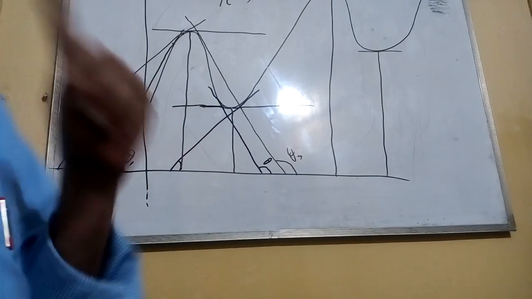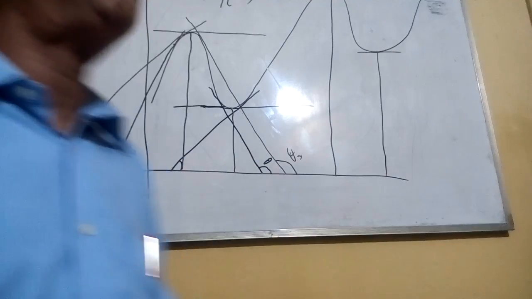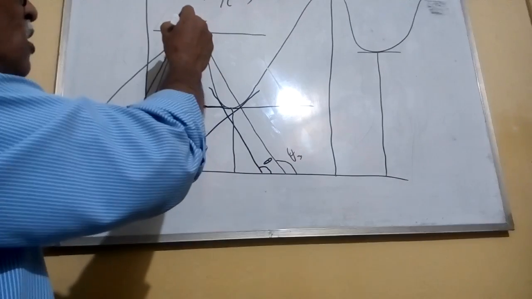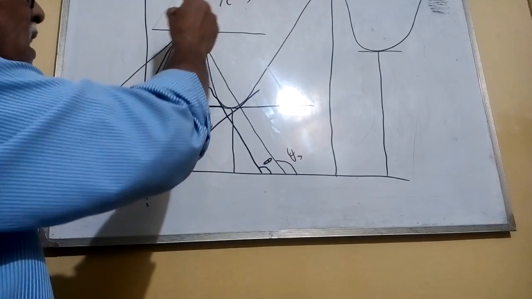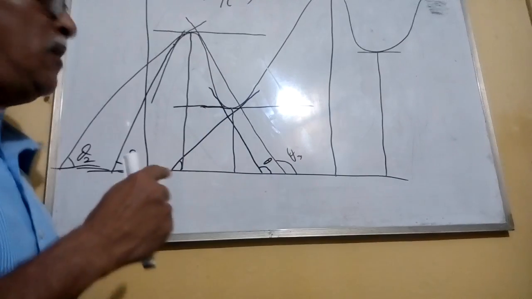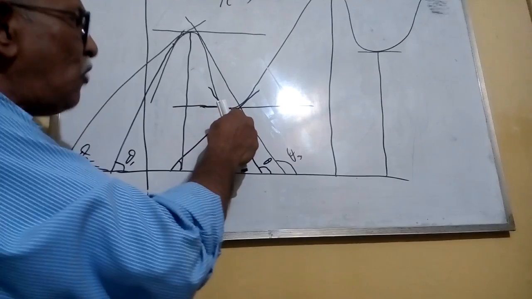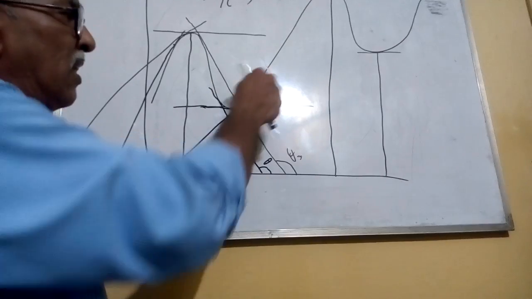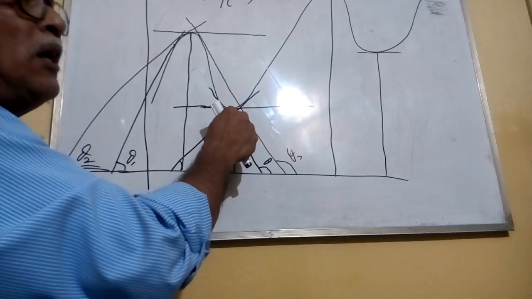So again I will repeat one thing before entering into that alternative method. When the function is converting from increasing to decreasing, there a maximum will be there. When a function is converting from decreasing to increasing, there will be a minimum value.